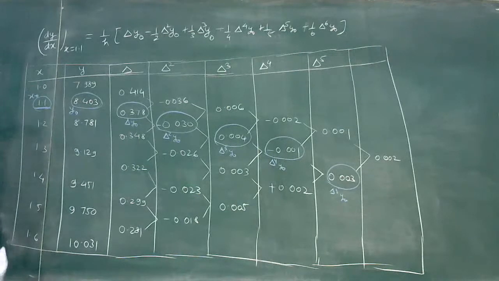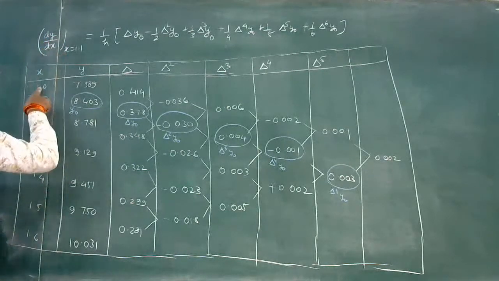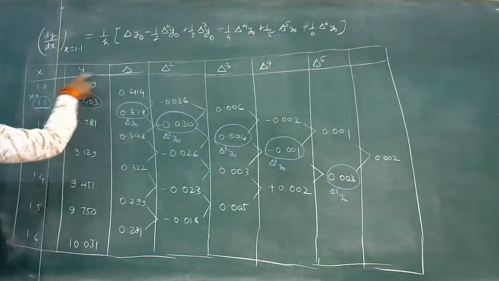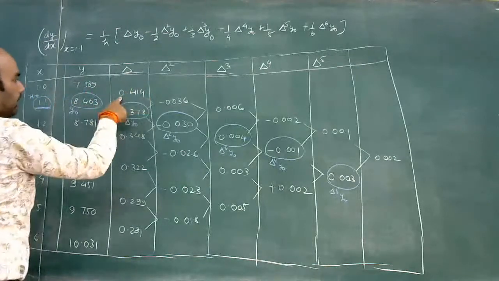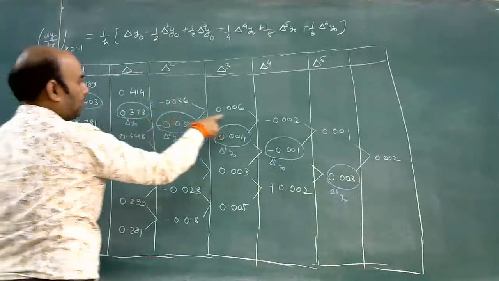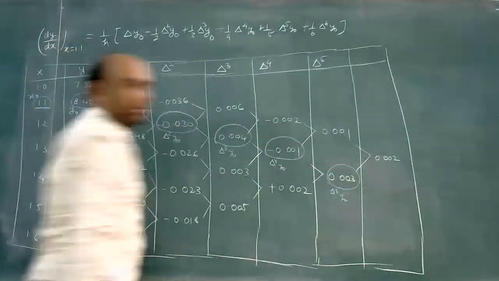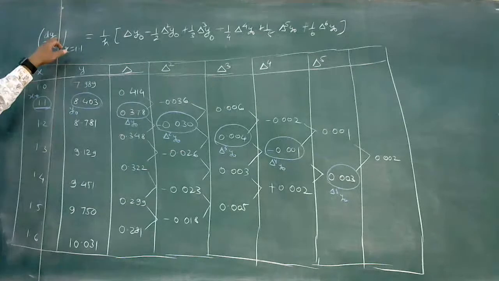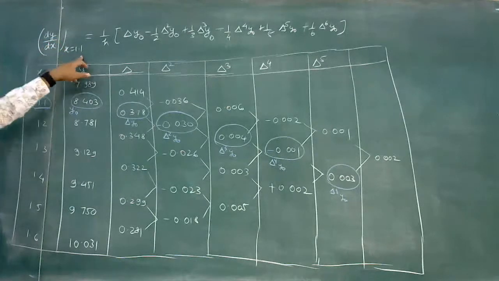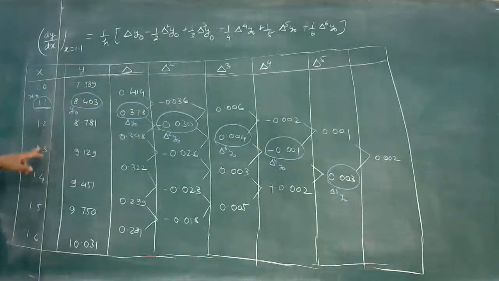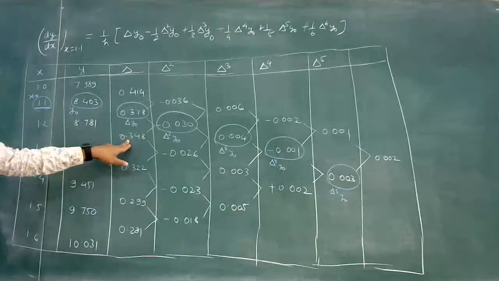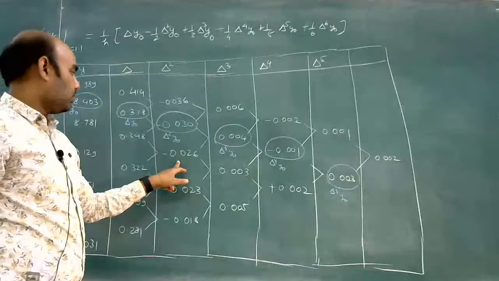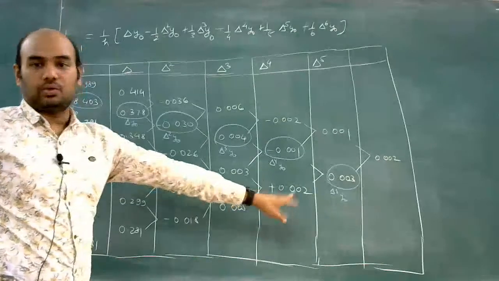So if you have to find the value of du by dx at 1, this will become y naught, this will be del y naught, del square y naught, del cube y naught, and so on. Okay. So if the question asks you to find the value of du by dx at 1.2, this will become y naught, del y naught, del square y naught, del cube y naught, and so on.